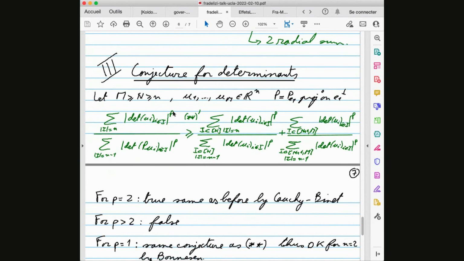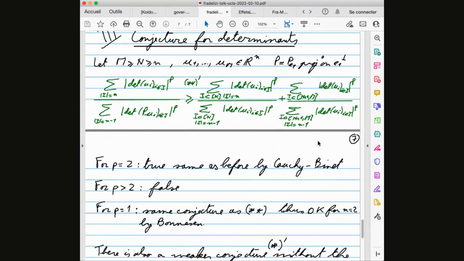So the sum of all determinants I can build, with cardinality of I equals n, of u_i to the power p, divided by the sum of all determinants I can build with cardinality of I equals n-1 of the projection of u_i to the power p, is it larger than if I truncate and look only at the first vectors and look at the same quotient, plus the same quotient for the second half of the vectors? Okay, so I ask if this inequality holds.